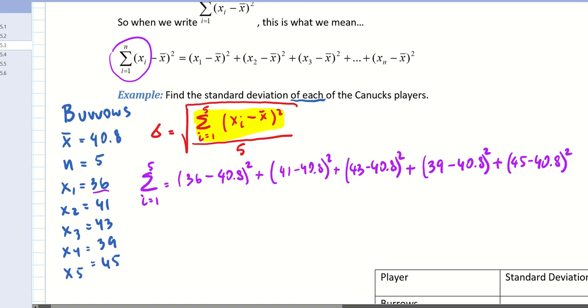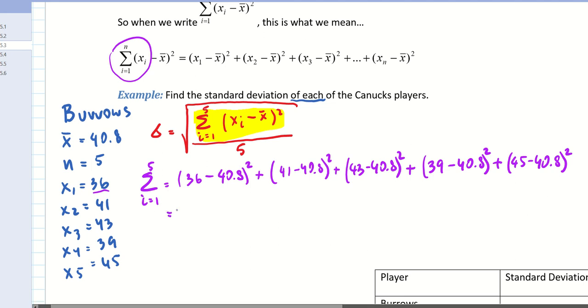Okay, so we have this sum, and again, you have to use your calculator for this. You're going to take the difference of each one, you're going to square each of the values, you're going to add it all together, and I did the math here already.